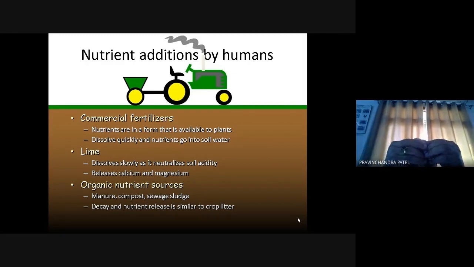They decay and release nutrients, similar to crop litter. So when we add manure or cow dung or farmyard manure in soil, it will decay and nutrients are released, major, secondary and micronutrients.